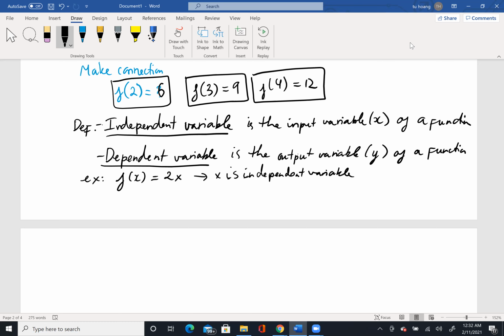If I have V of r equal to pi r squared, then r is the independent variable.